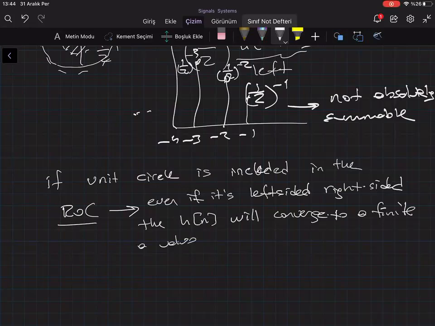The summation, absolute summation of h of n.